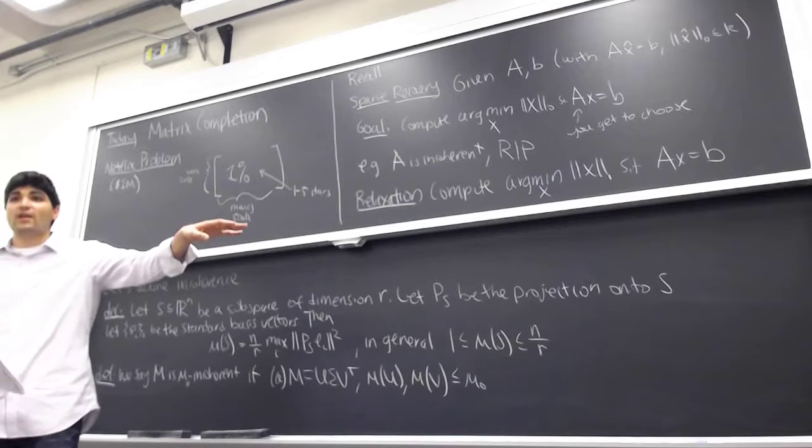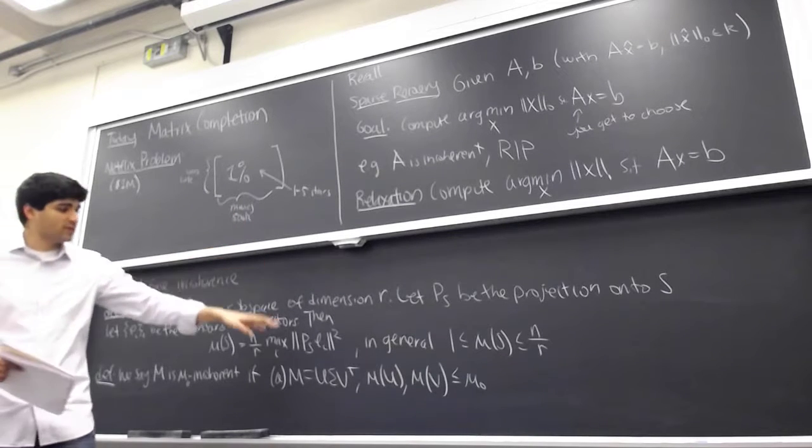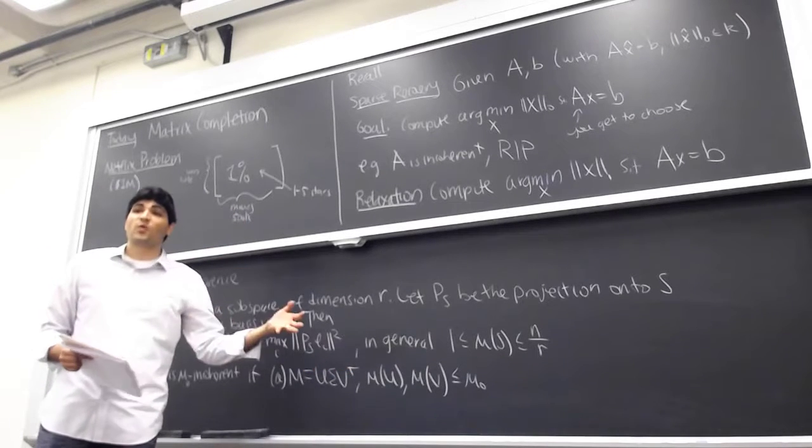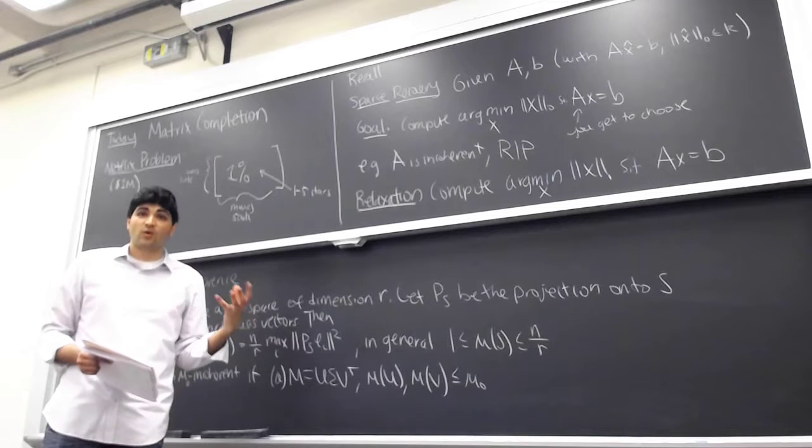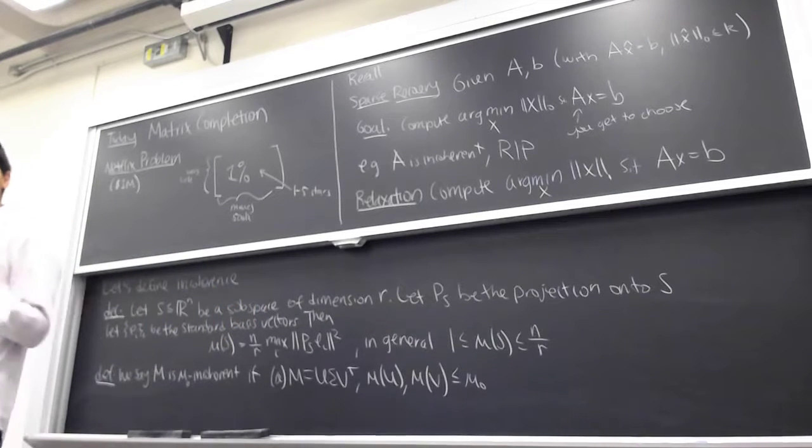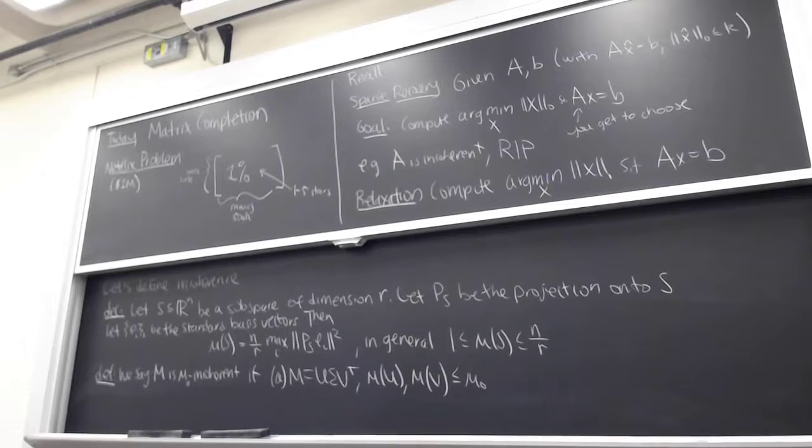We want to rule out exactly that issue, so we want the singular vectors of this unknown matrix to be spread out and not aligned with the standard coordinate basis. That's because our observations are very sparse observations from the matrix M, so we want them to not be aligned with the sparsity of the underlying matrix.